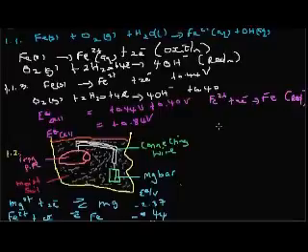If we go to question 1.2.2, it says the iron pipe in contact with the magnesium bar forms an electrochemical cell. What acts as the salt bridge for this cell? Remember, I gave you the three functions of the salt bridge.